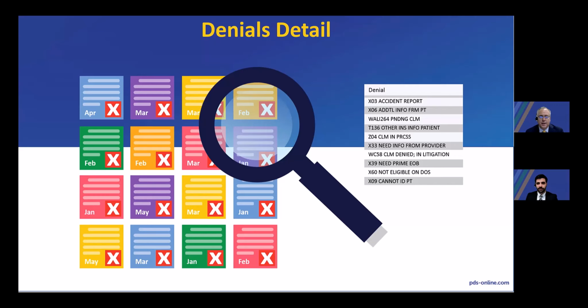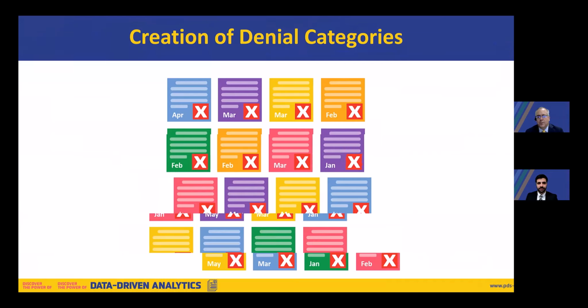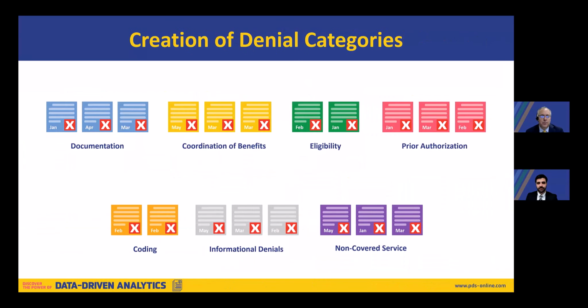The description of the denial is kind of cryptic, and in some cases the denial descriptions are the same even though the denial codes may be different. So one of the first things we need to do when we think about working with denials is to try to sort out and create some meaningful way to understand where our denials are occurring, right? Because we can't really work the problem if we just try to work with that detailed bee's nest of issues. We have to be able to sort them out.